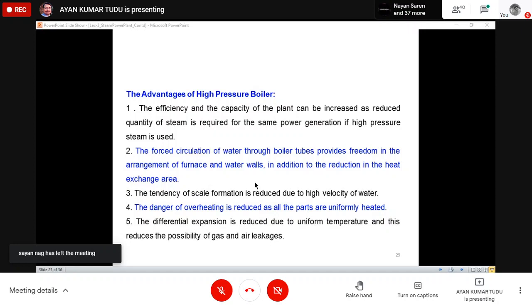If there is uniform temperature, the differential expansion will reduce, and then the possibility of gas and air leakages will also reduce.